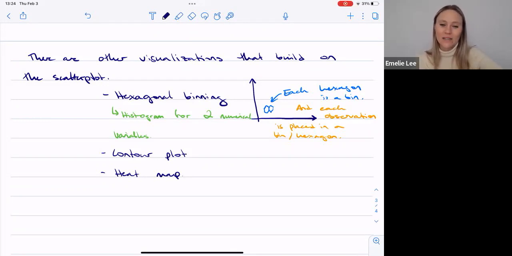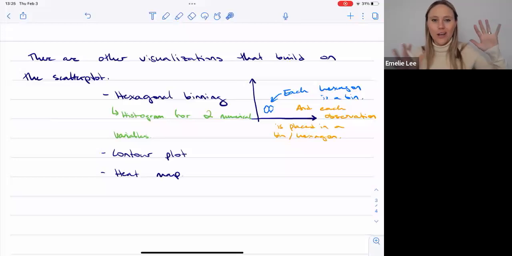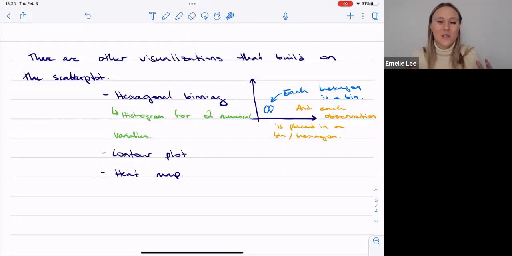So I'm going to parking lot those, but they're all very similar, right? You might have seen a heat map before, same idea. There's lots of activity here and not so much activity here, so you get this hot and cool color scheme typically. And then it'll show, okay, there's a lot of activity here, but that's basically hexagonal binning again, right? And same thing with the contour plot.